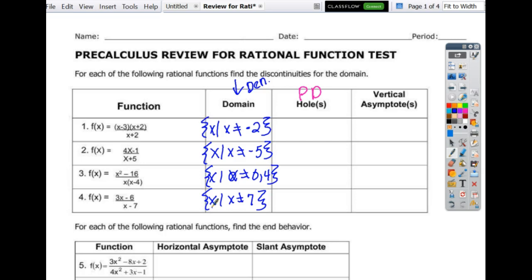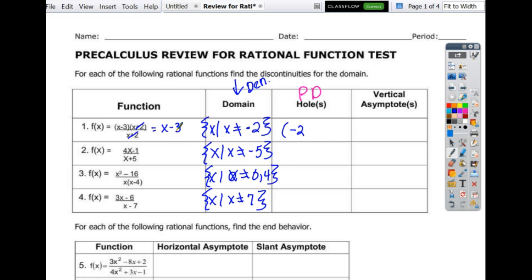So to find the point discontinuity, this cancels, so my x is -2. And this is my reduced function. So to find the hole, what do I do with my -2? F of -2.